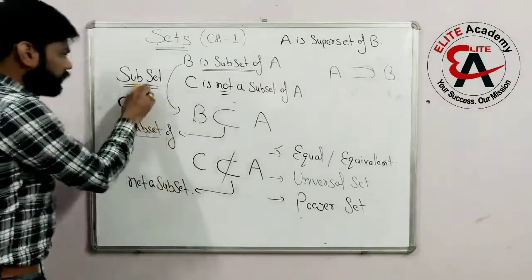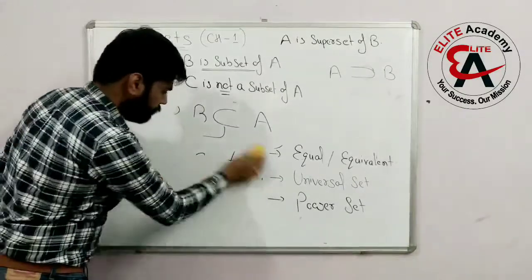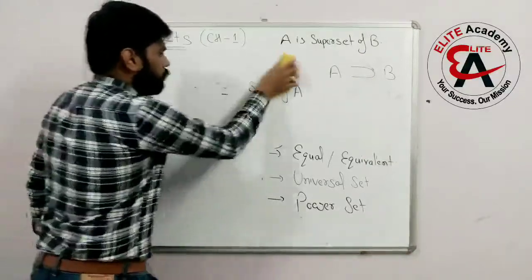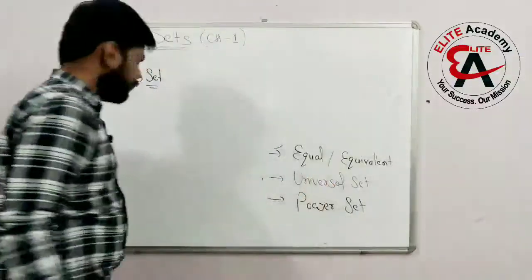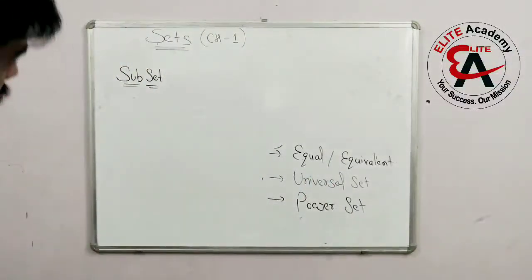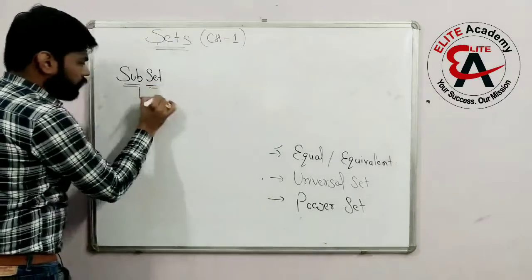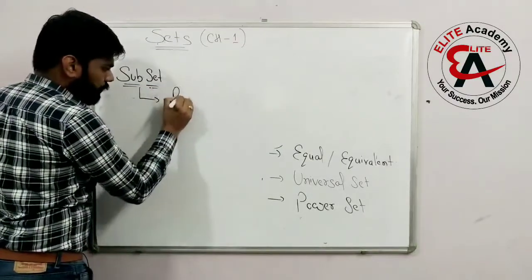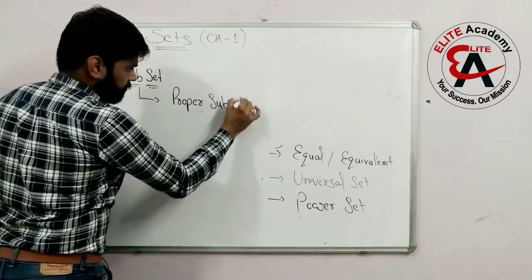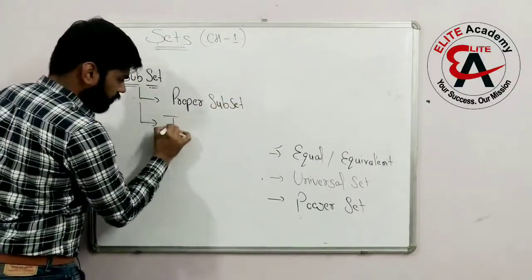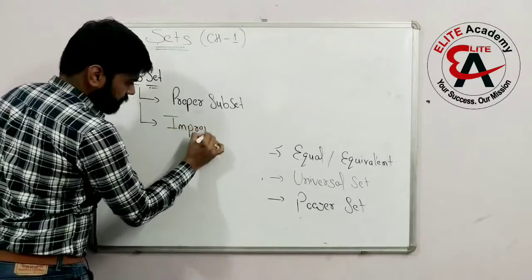Now, adding on to this particular term, there are very important things linked with this. Let me tell you. A subset is also of two types, children. It can be a proper subset. It can be an improper subset.